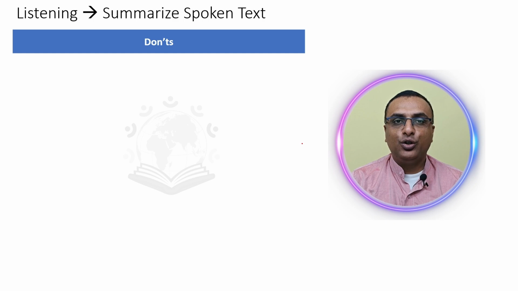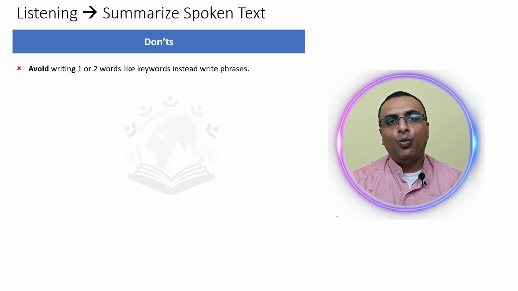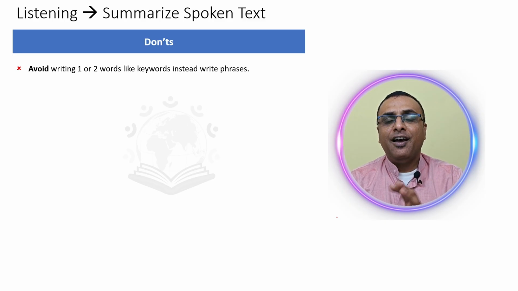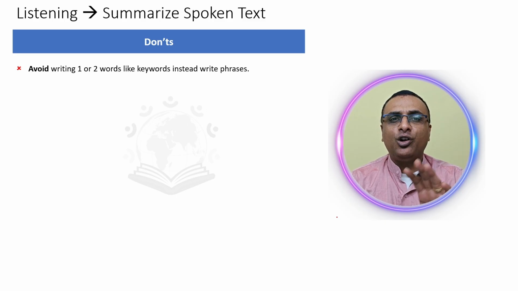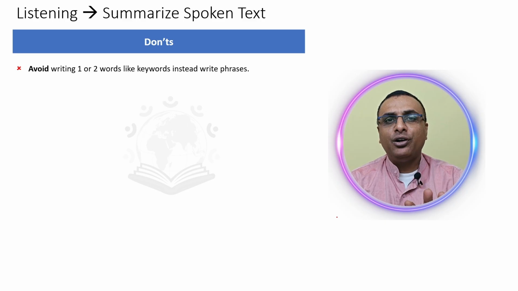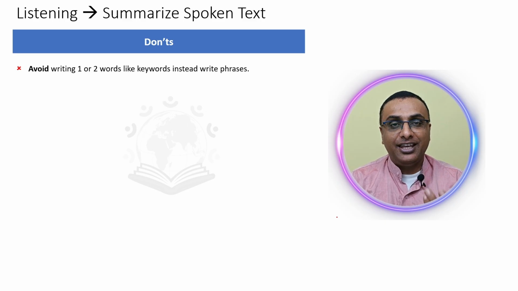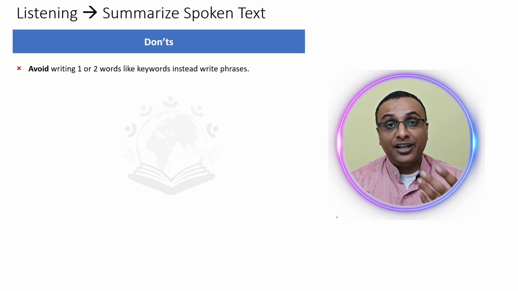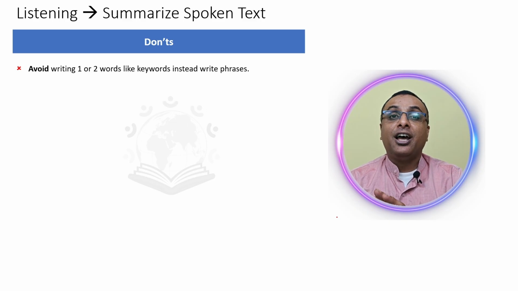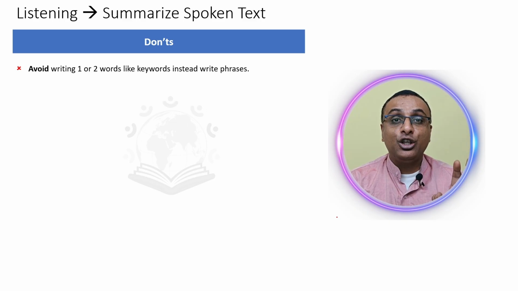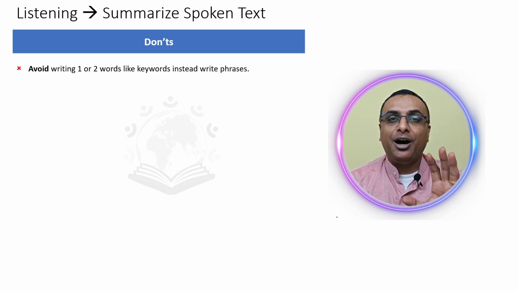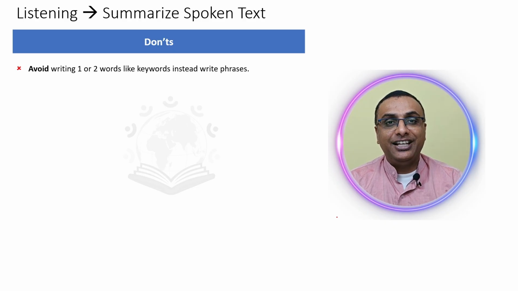Let's understand the don'ts for the Summarize Spoken Text question. First and foremost, avoid writing a huge template where you will be filling in just 1 or 2 keywords or important words according to you. Instead, capture those phrases in the response so that with the help of the template, you will be able to fill a good amount of content by maintaining your structure and coherence.